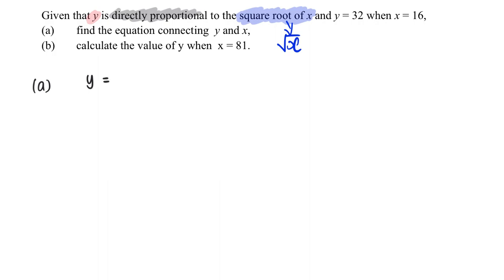Meaning for A, given the general formula here, my y is still y in this question. But my x for this question is actually square root x. And therefore, this does affect the values of k when we calculate it. So we are going to substitute them in.